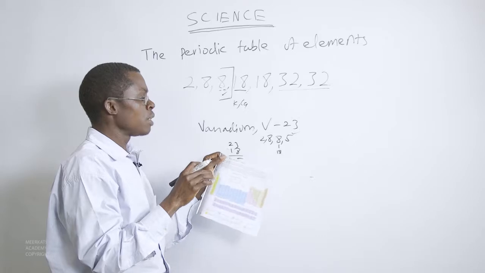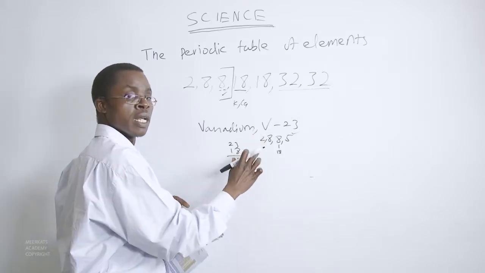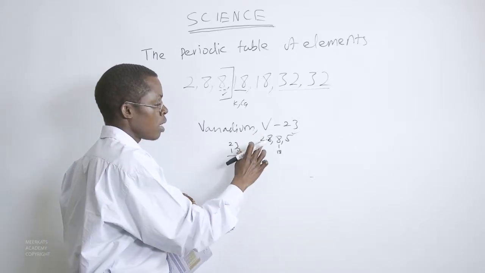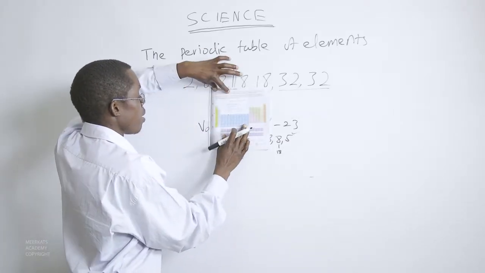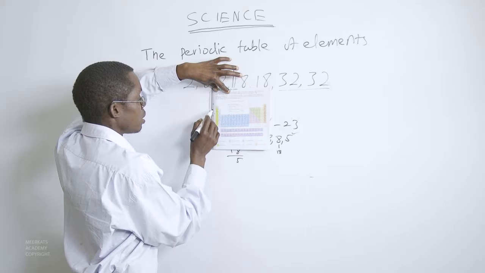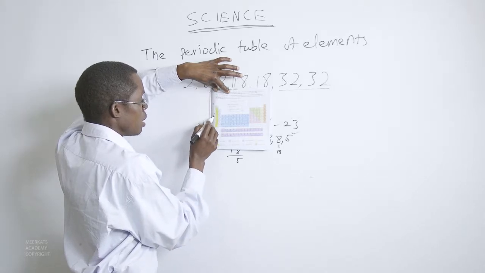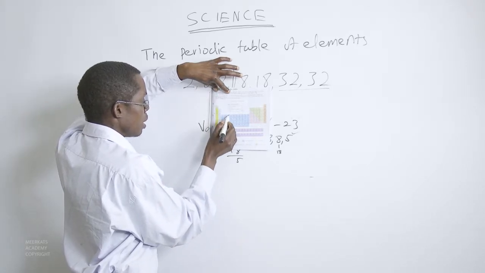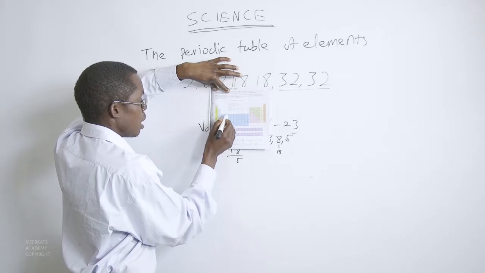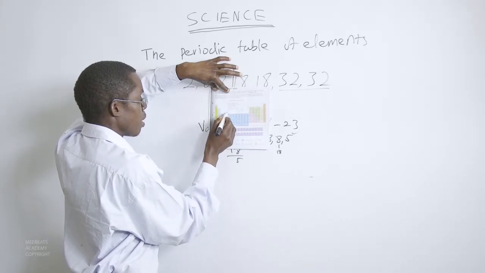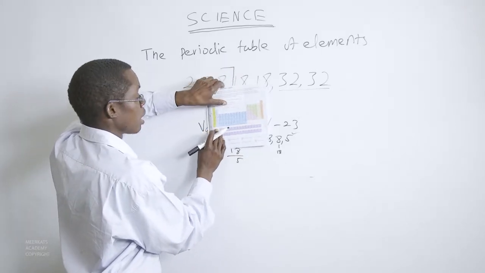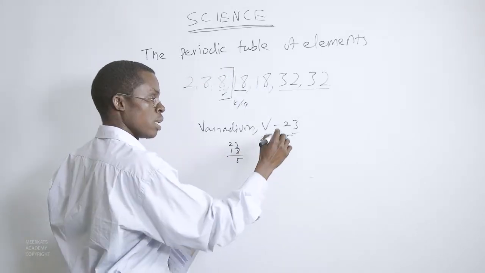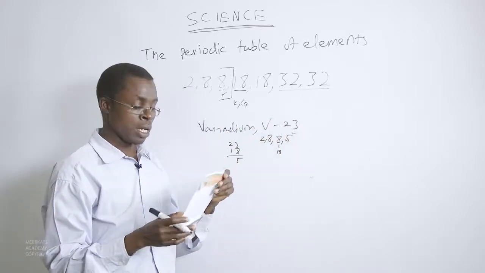Do we also have 4 energy levels or 4 orbits? That is 1, 2, 3, 4. Does it have 4 orbits? Let's see. First orbit, second, third, then fourth. So you can see it is here. So it is a 4th orbit and 5 electrons in the outermost orbit. So it has qualified. Remember, this is a transition element.